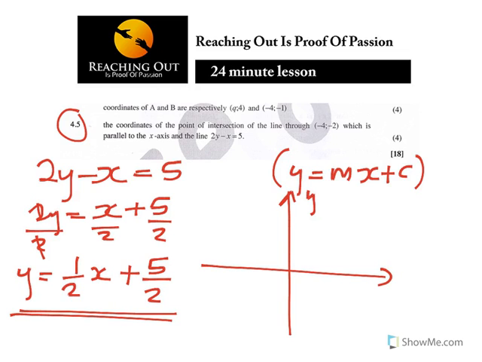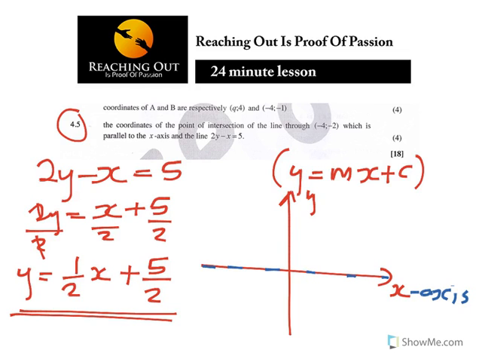This is my y, this is my x. Now they are saying the coordinates of the point of intersection of the line through this, which is parallel to the x-axis. Now remember, anything parallel to the x-axis is along this line. These are the x-axis, which is parallel to the line that passes through -4, -2.